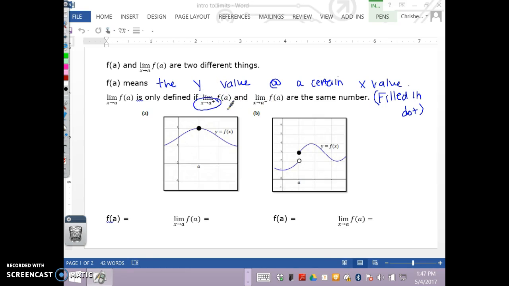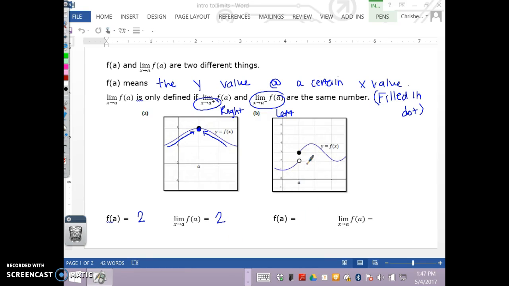From the positive side, from the right, and from the negative side, from the left. So if we look here, f of a exactly is 2. But what are you approaching? From the left, are you getting close to 2? And from the right, are you getting close to 2? So that means the limit's 2.